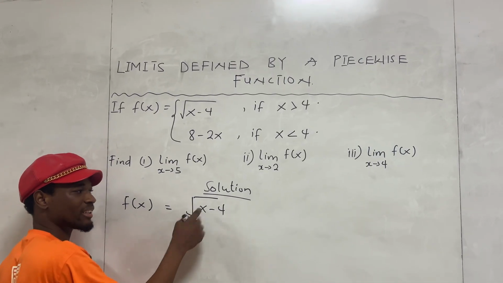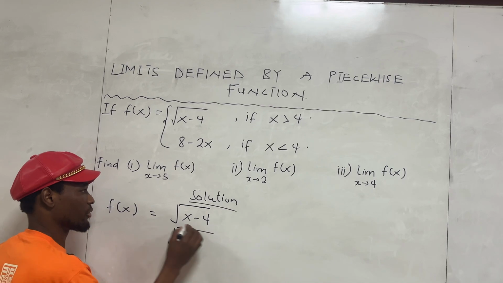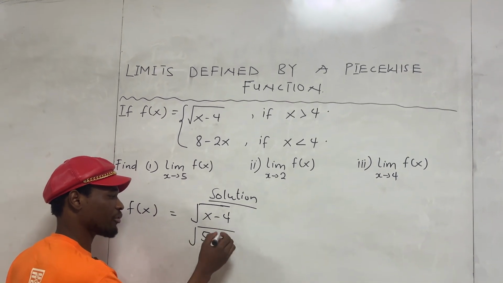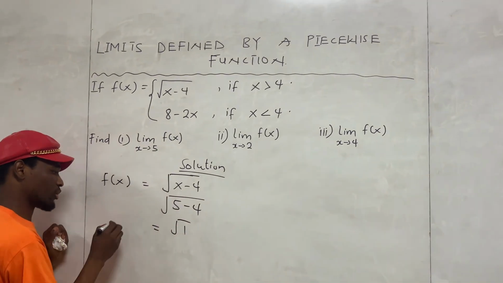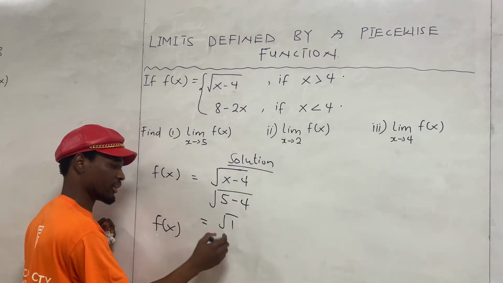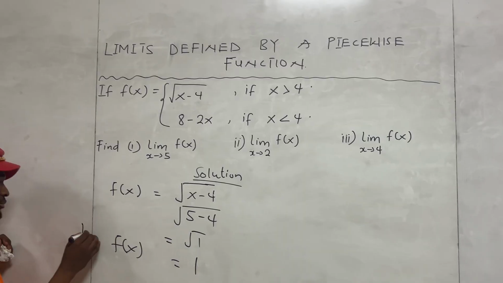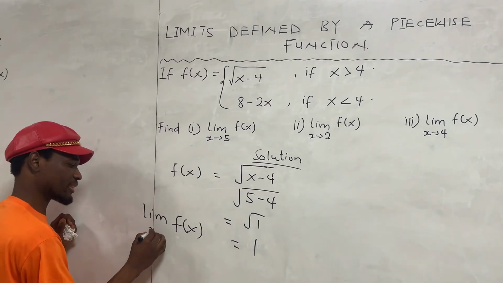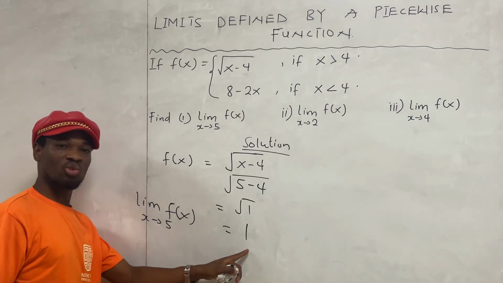So wherever you see x, it goes to 5. So I have 5 minus 4, which gives the square root of 1, and the square root of 1 is 1. So the limit as x approaches 5 of this function equals 1.